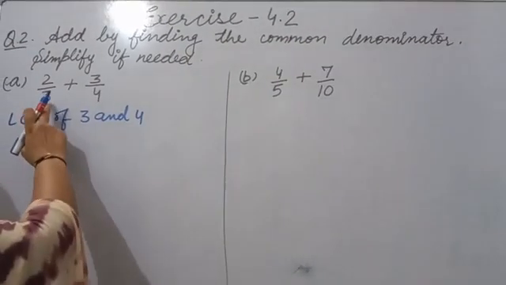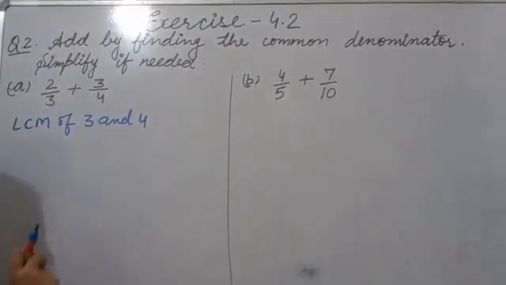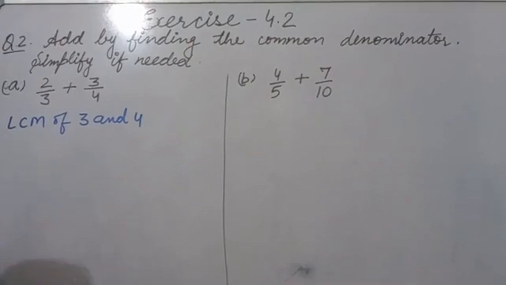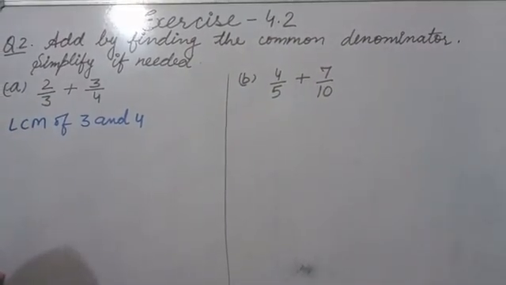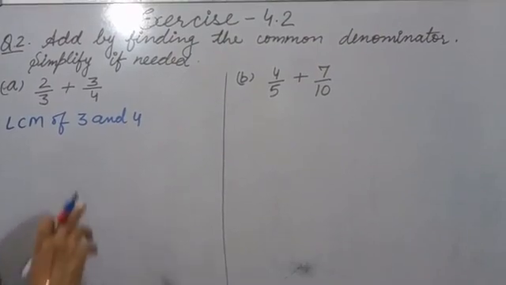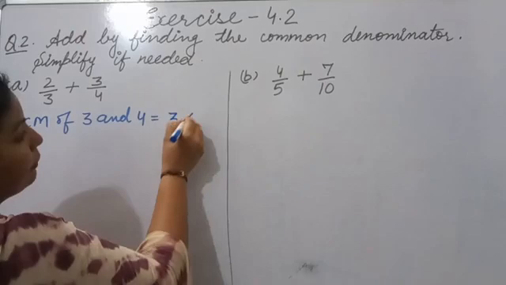And if in 3 table you have 4, so 4 will be your LCM, if that comes, but it is not coming. 3 2 jar 6, 4 does not come in 3 table. That means that is not the LCM. So for LCM we should multiply them. So 3 multiply by 4.